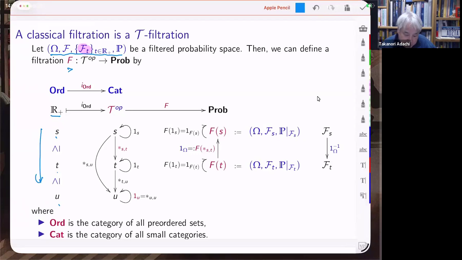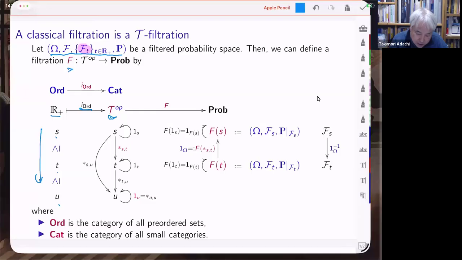And then we can think in general that any partial order set or pre-ordered set can be seen as a category. There's a general way. How do that? So we construct T with that general way, which is called the IOD. Okay, so now in this case, we have the objects.